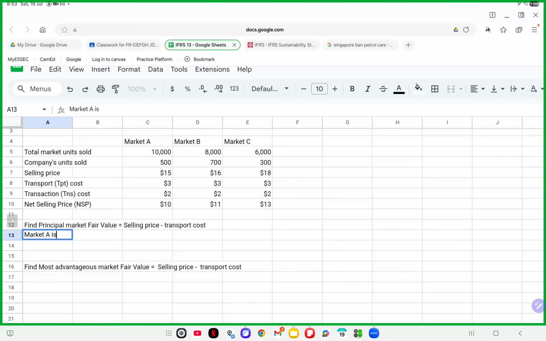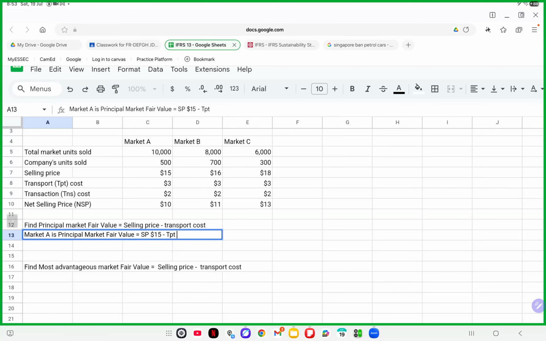So the fair value of the principal market will equal SP, short form for selling price, which is $15, you can see. Minus away the transport cost, short form TPT.